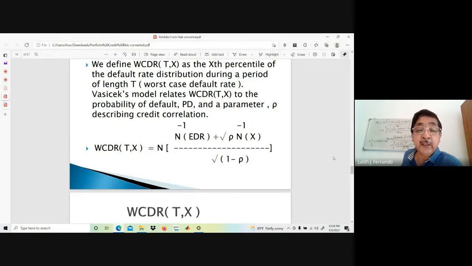The only difference here is you are not going to change any other things. What you need to change is only the cumulative probability distribution, or cumulative probability of the distribution. So that has to be changed to 99%.